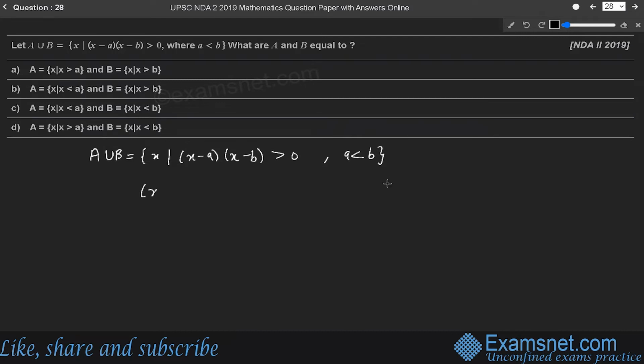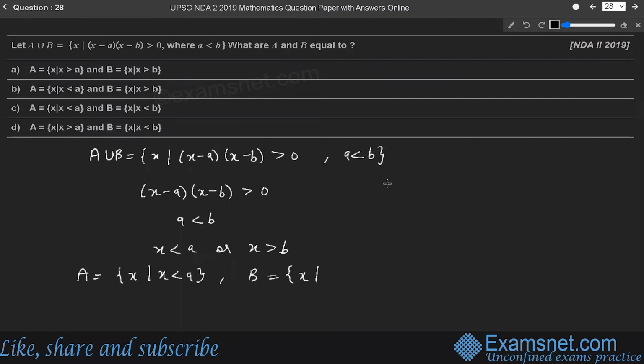As we know that (x − a)(x − b) is greater than 0, where a is less than b, if and only if x is less than a or x is greater than b, hence we can say that A will be equal to {x such that x is less than a}, and B will be equal to {x such that x is greater than b}. So A and B are equal to: A is {x such that x is less than a} and B is {x such that x is greater than b}. Therefore, the correct option will be option number B here.